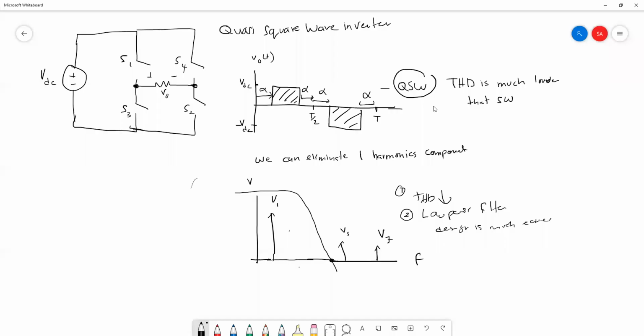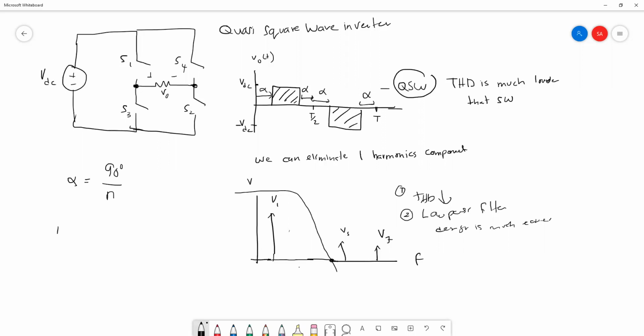Maybe you will ask how to choose which harmonic will be eliminated. We can select which harmonic we want to eliminate by using this formula, which is related to the angle that we use. The angle will determine what harmonic we will eliminate. In this formula, this is 90 degrees, and this is the harmonic number that you want to eliminate.